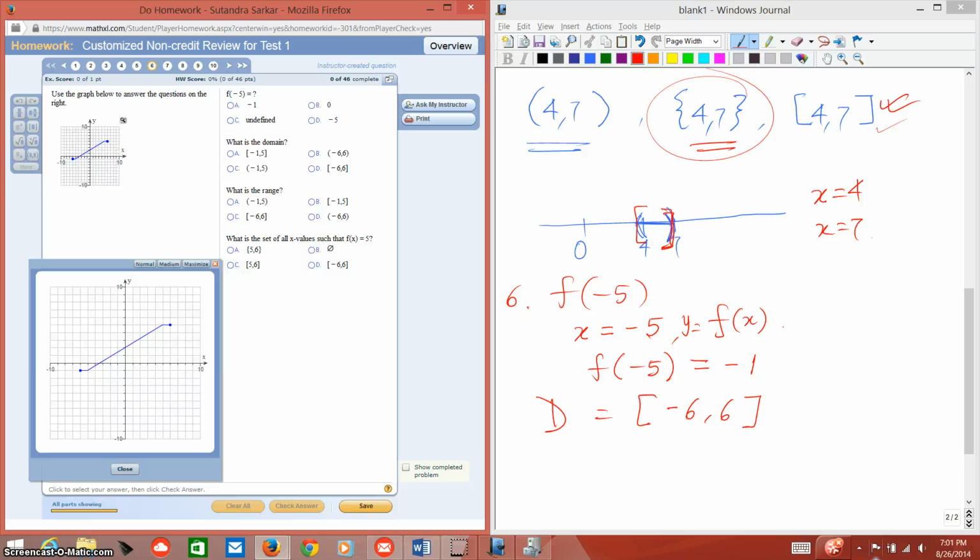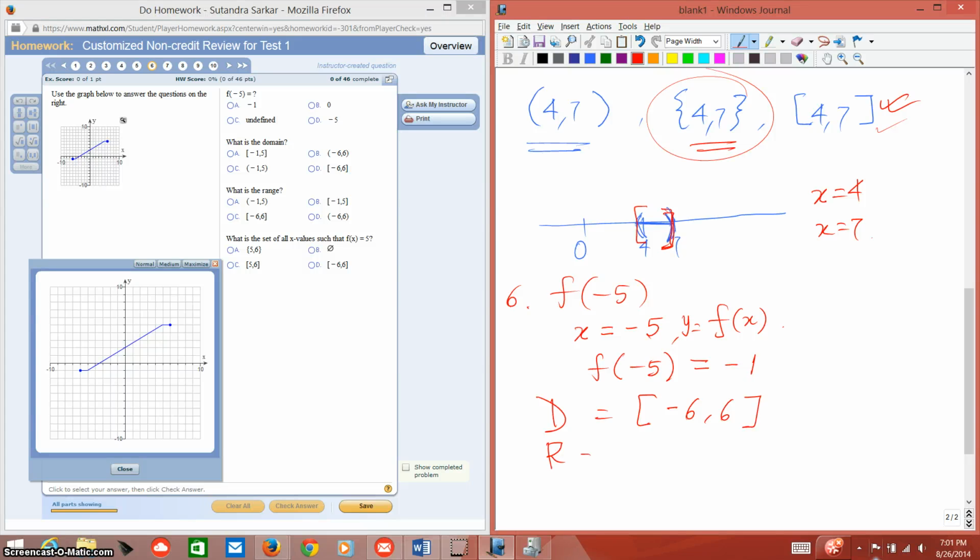So your range can be between -1 and 5. And notice one thing, when I'm selecting -1 and 5, I am not using open and closed parentheses. Rather, I'm using the square brackets to describe that I'm selecting the endpoints.